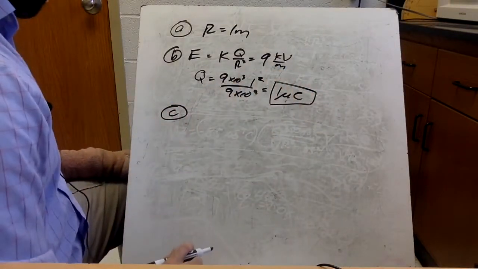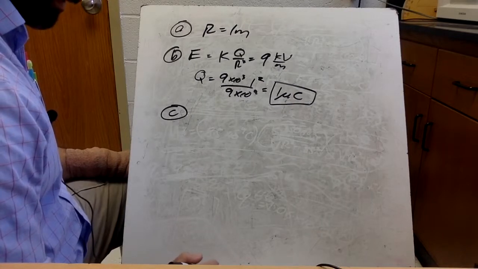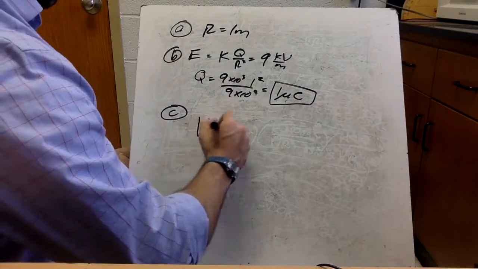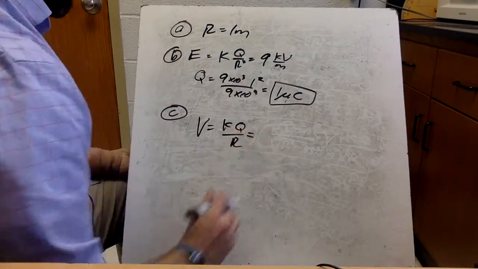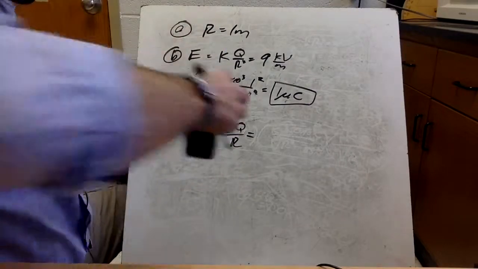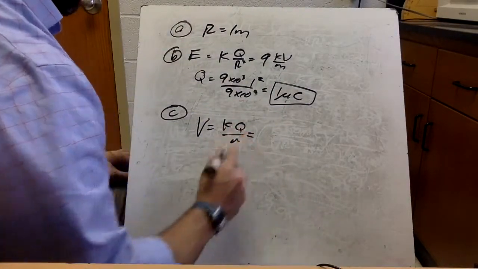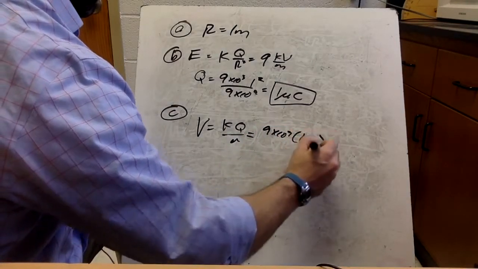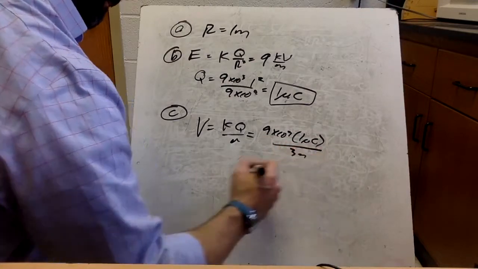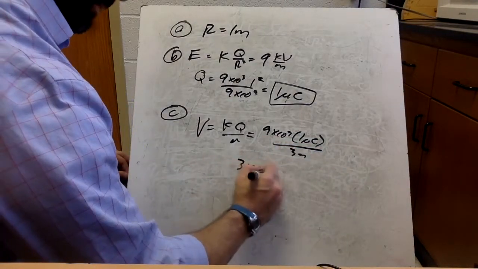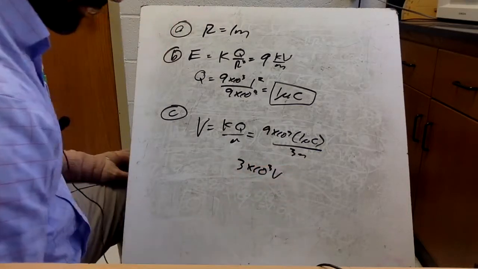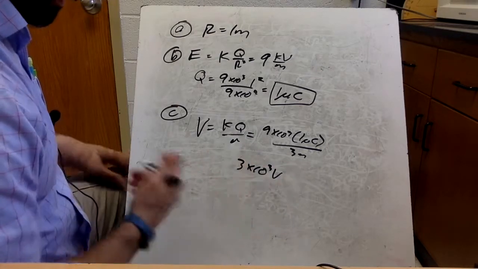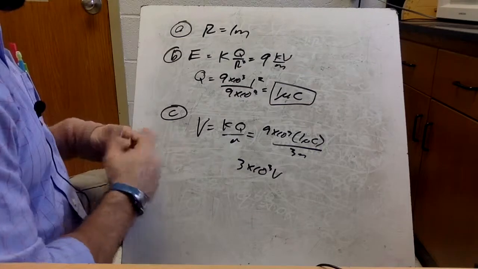Then part C, we're looking to verify the V graph by calculating V at 3 meters and comparing that to V versus r. So V is KQ over r. Plugging that in, 9 times 10 to the ninth, Q is 1 microcoulomb, r is 3 meters, and when you do that you get 3 times 10 to the third volts. That's what you see on the graph at 3 meters, about 3 times 10 to the third volts.